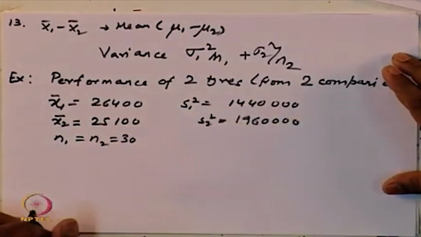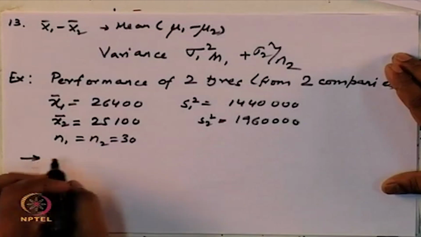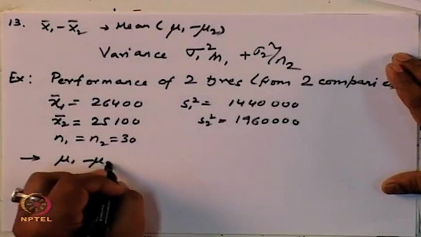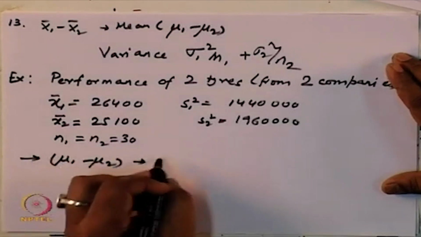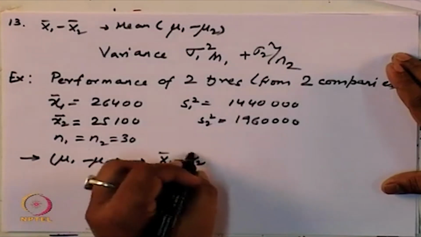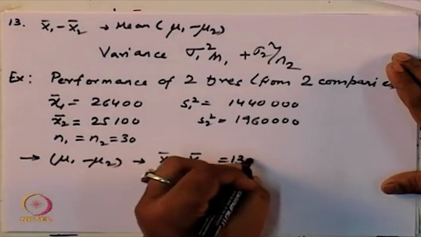So, what will you do? You will calculate mu 1 minus mu 2. The point estimate of mu 1 minus mu 2 is x1 bar minus x2 bar, and this is 1300.